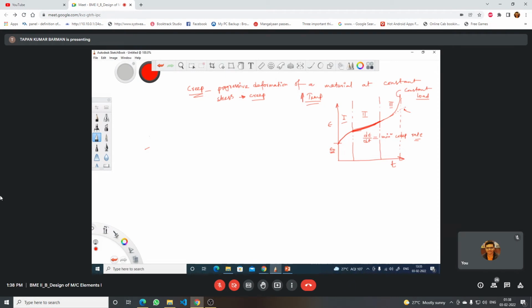And what is the significance of the regions, and how we can design a component, or in which region we should design the component, why it is not in one, or why it is not in tertiary zone. In zone 2 or secondary zone, we try to maintain the creep, and using a minimum creep rate, we may design the component.